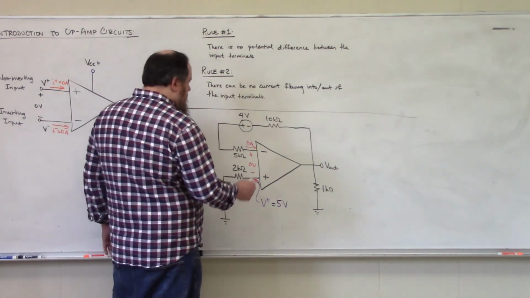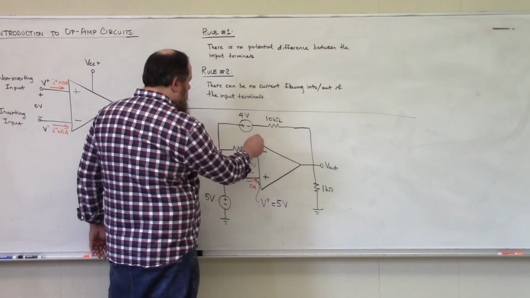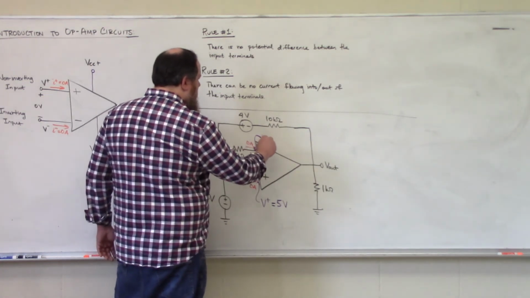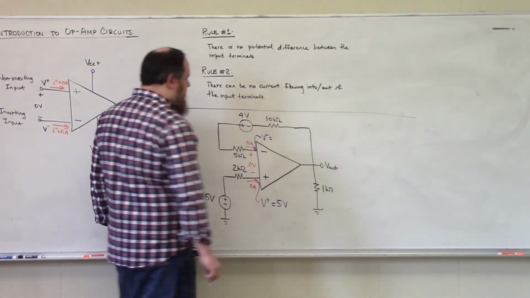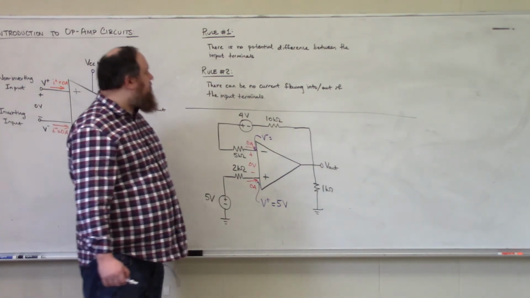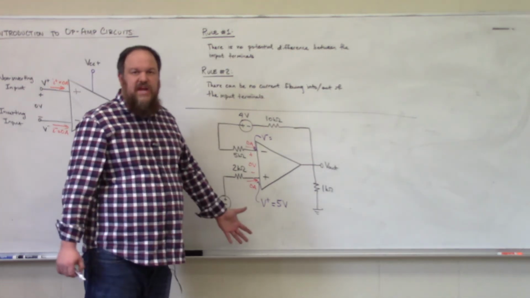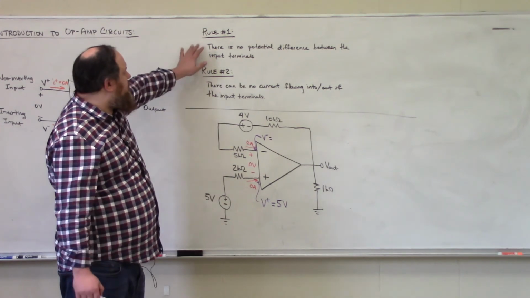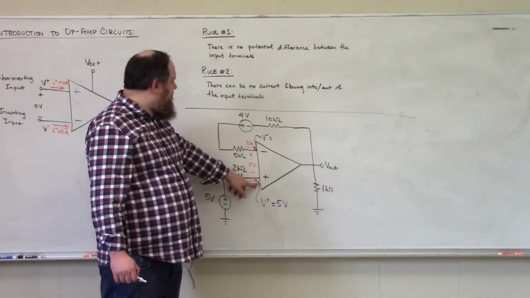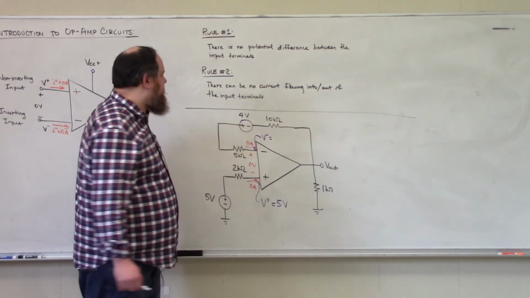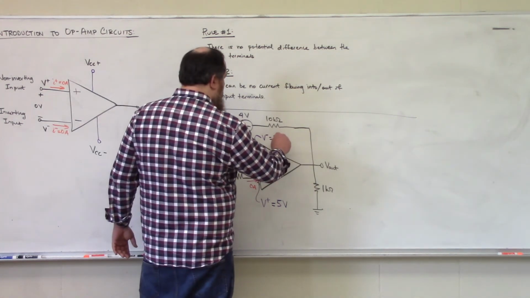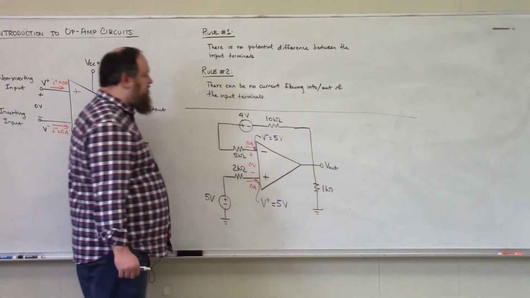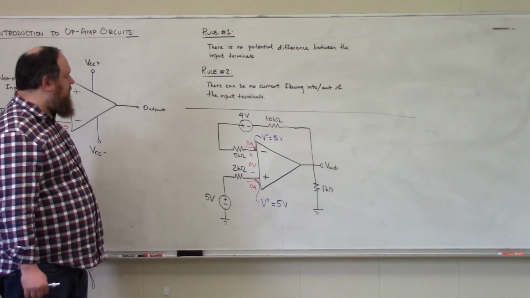Now we know that the nodal voltage at the inverting input terminal has to be the same as the nodal voltage at the non-inverting input terminal due to rule number 1. So if there's 5 volts here, there must be 5 volts here as well. And that 5 volts, again, is measured with respect to ground.